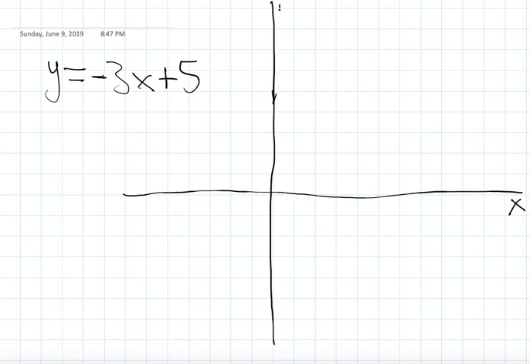First step, locate the y-intercept. So 1, 2, 3, 4, and 5. So I know the graph is going through there, and I can start from there playing with my slope.